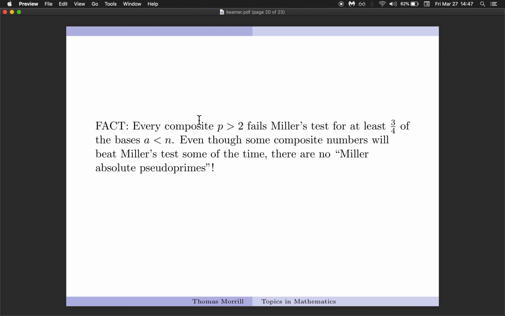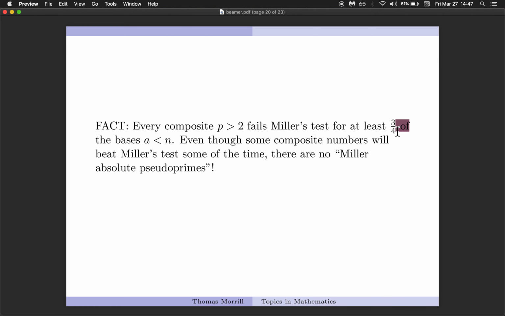So even though some composite numbers will beat Miller's test some of the time, none of those numbers will beat Miller's test all of the time. So there are no absolute pseudo-primes for the Miller test. There's no version of Carmichael numbers here.